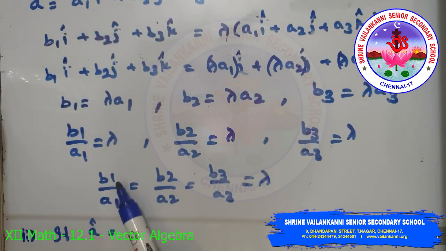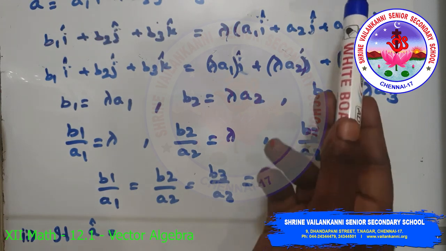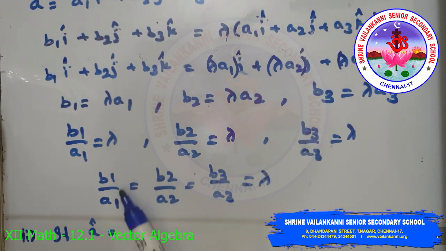Therefore, b1 by a1 is equal to b2 by a2 is equal to b3 by a3, which is equal to lambda. When two vectors A and B are given, they are collinear if and only if B equals lambda into A, and this can be written as b1 by a1 equal to b2 by a2 equal to b3 by a3 equal to lambda.